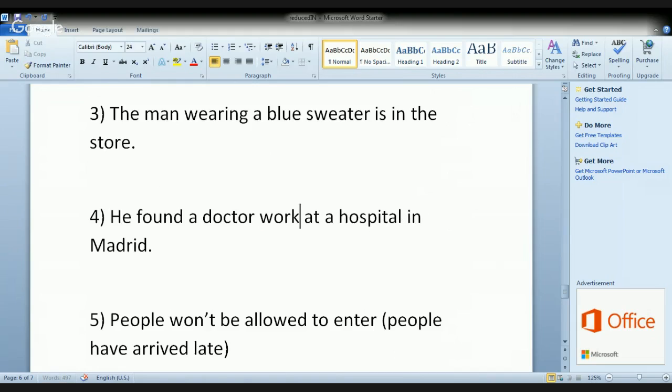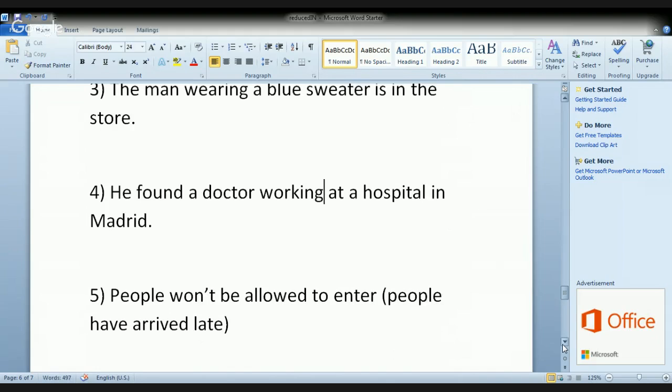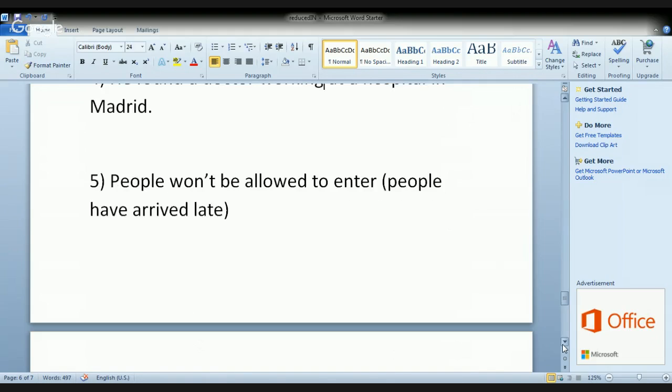And so what we need to do is take out the relative clause and change the verb into the ing form. He found a doctor working at a hospital in Madrid. Okay, and hopefully everybody's following me with this.